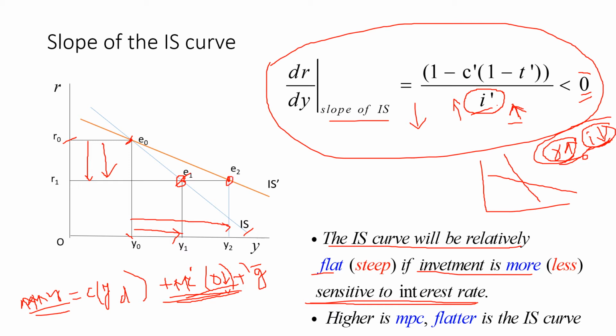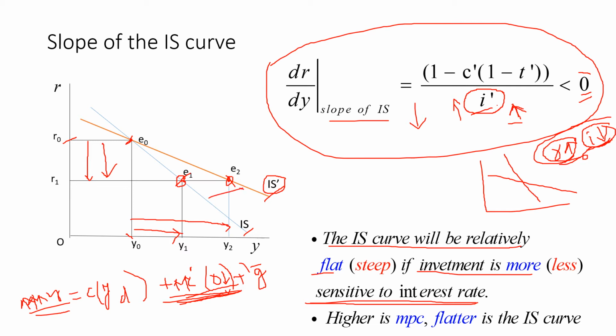Now if you join E0 and E2, you will get a curve which is flatter than the earlier one, and that is IS1 or IS prime here. So what kind of result are you getting? The result is that when you consider a more sensitive investment function, your IS curve is flatter.